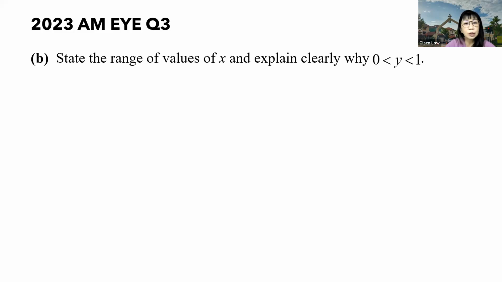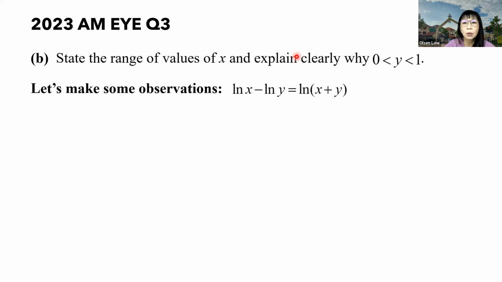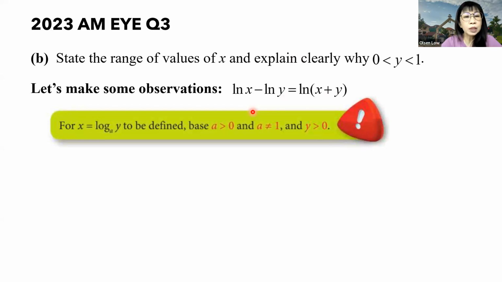As I mentioned earlier, what we need here is to know the conditions for y. So let's make some observation here. We see that ln x minus ln y equals ln x plus y. For a log function to be defined, there must be some conditions met.